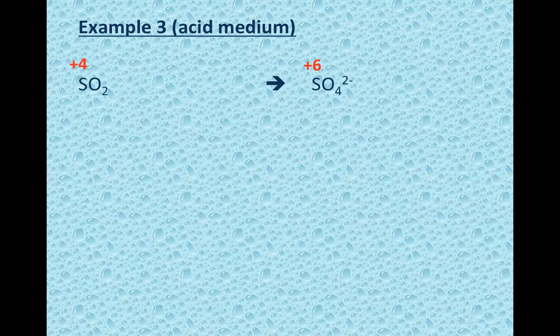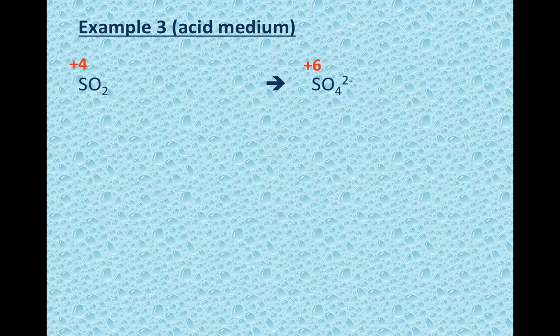Checking both sides, there is one sulfur atom on both sides. It's the sulfur atom here that is oxidized. Since there is one sulfur atom on both sides, step 1 is done. Next, let us balance the oxidation number using electrons.